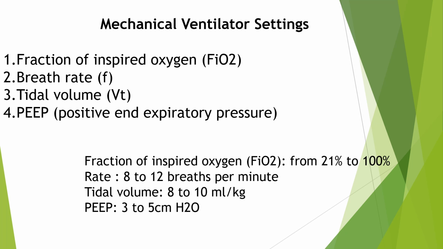PEEP is 3 to 5 centimeters of water, to protect the alveoli. The question which we previously had is, what prevents alveolar collapse? The answer is the PEEP setting. Hope you understood the mechanical ventilator settings.